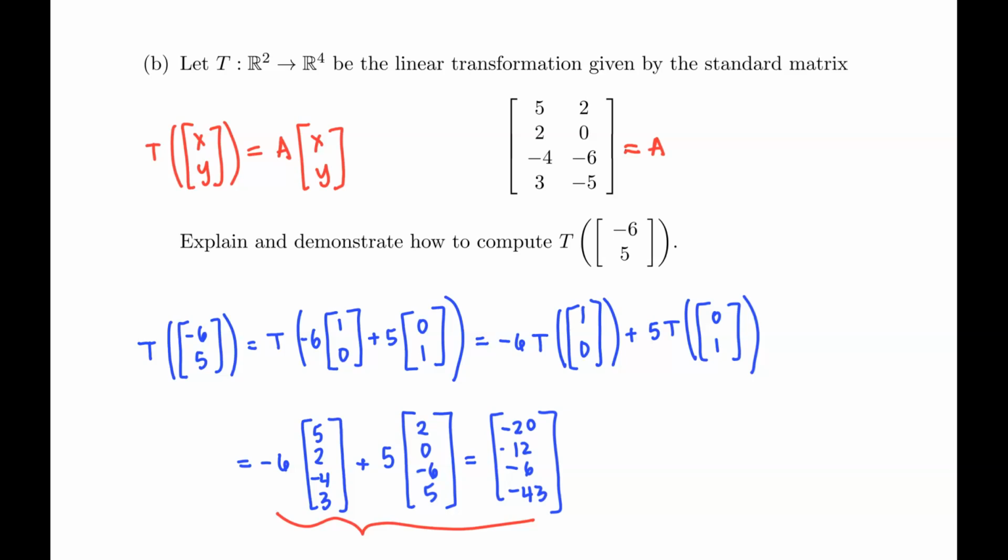A handful of students did that: the matrix with rows 5, 2, 2, 0, -4, -6, 3, -5 times this vector, our pre-image, to get out what our image was for (-6, 5). That is completely legit as well. So either one of those were fine ways to show that you computed where exactly (-6, 5) mapped to in our codomain, or our image of that vector.